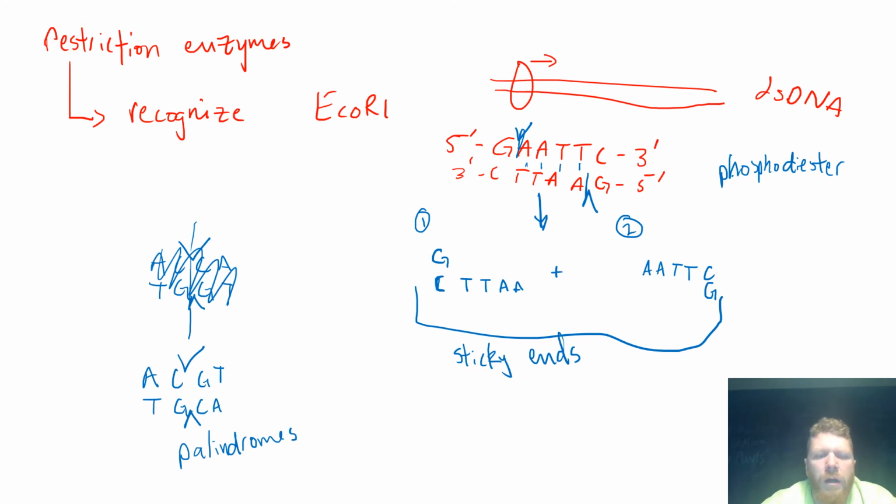So if a restriction enzyme breaks a product like that, it's going to result in two products that look like this, ATCG plus GTCA. No hydrogen bonds are going to be broken, and instead these are going to be different from our previous product. These are known as blunt ends.